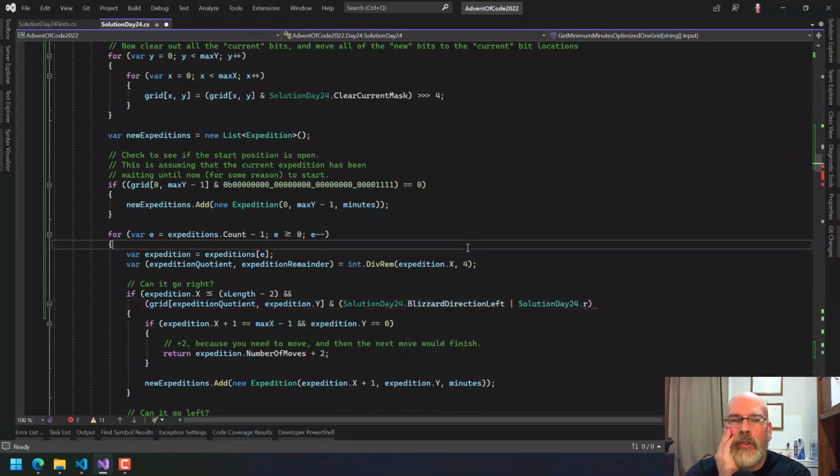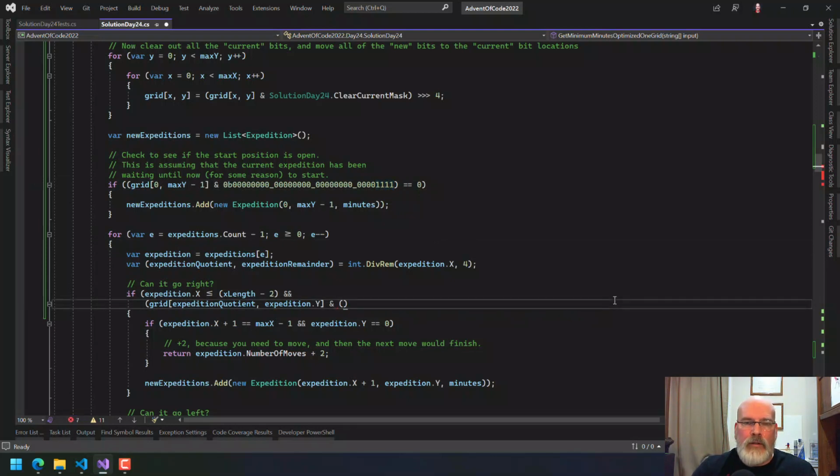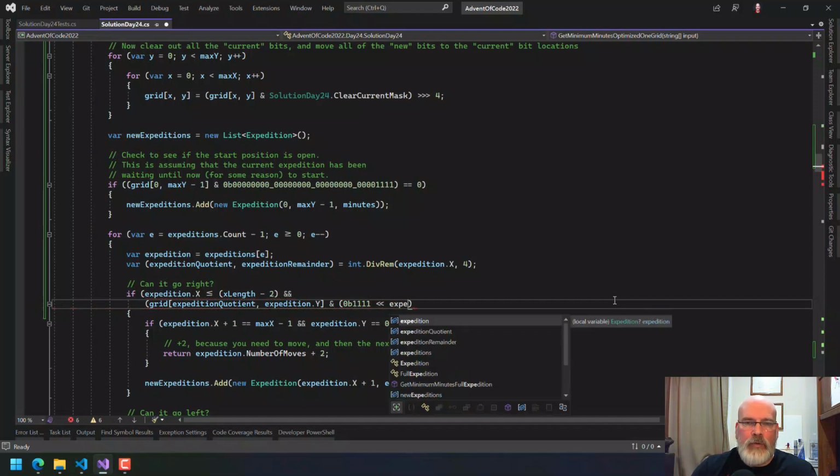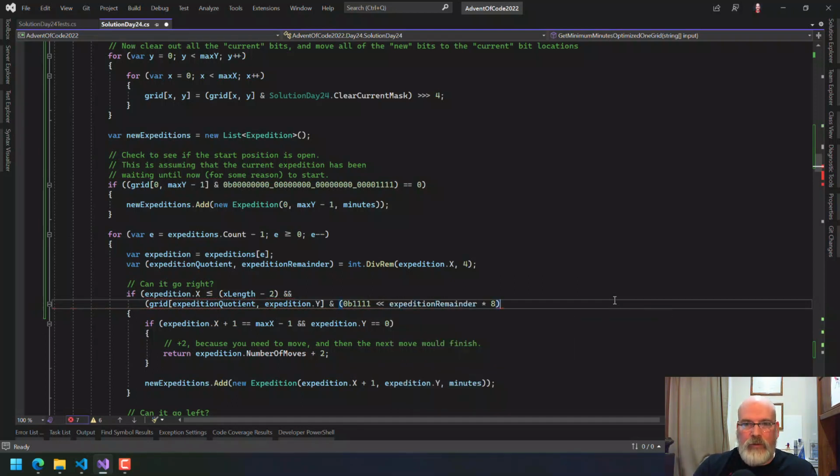We don't want to keep doing this. What I want to do is say like that and 0b 1 2 3 4, except shift it over expedition remainder times 8. There. Okay.